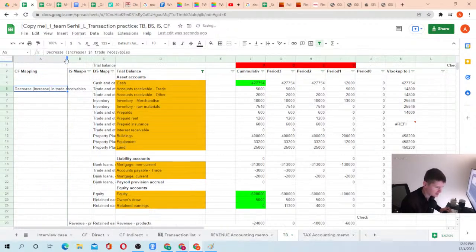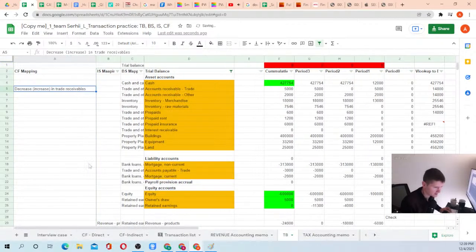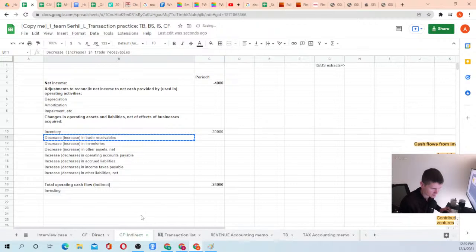Let me make it visible. Okay, trade receivables, cash flow indirect. I will run, let's say, period 0 here. No, I will have to repeat all the periods.